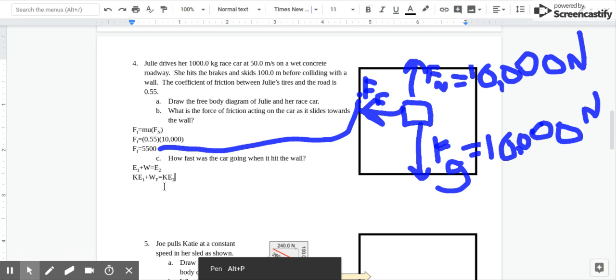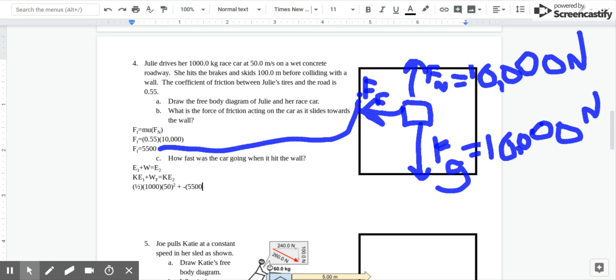Okay. So our KE, what we're going to do is 1/2, not 12, 1/2 of 1,000 times 50 squared, which is going to be some huge number, plus our work of friction, which is force of friction. I'm going to put a negative out because we know work of friction is always negative.